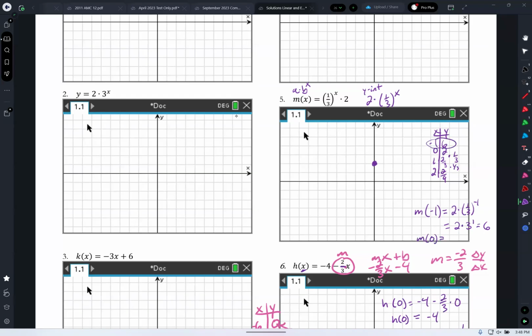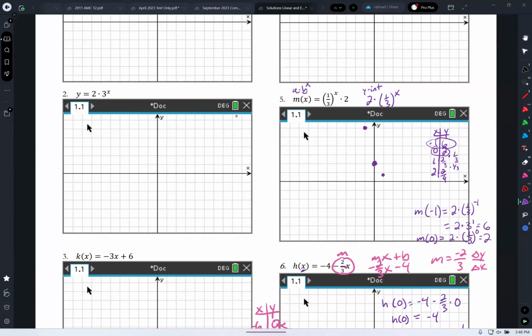The input of 0: we talked heavily today in class about anything to the 0 power, and it is equal to 1. So 2 times 1 is 2. 0 maps to 2. I don't care how you get there, whether you use the y-intercept and the constant factor, or whether you just simply use inputs and outputs, it's your choice.